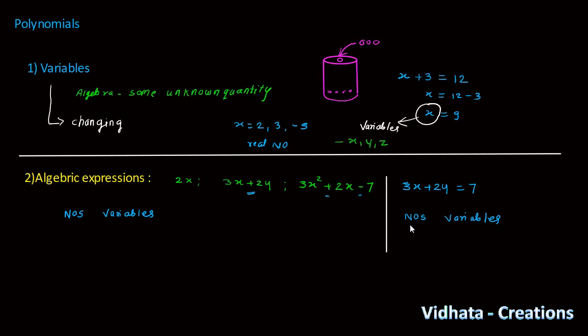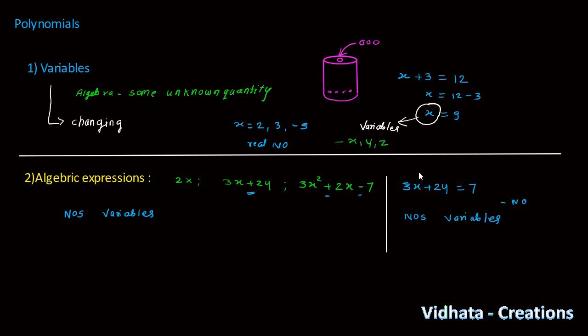Here also you see numbers are there, variables are there, as well as they are in addition with each other. But can we call it an algebraic expression? No, this is not an algebraic expression.